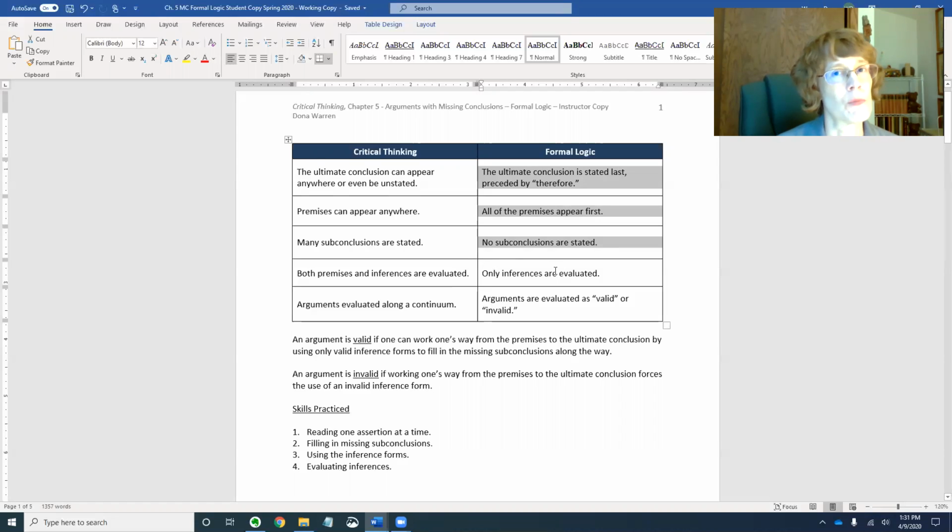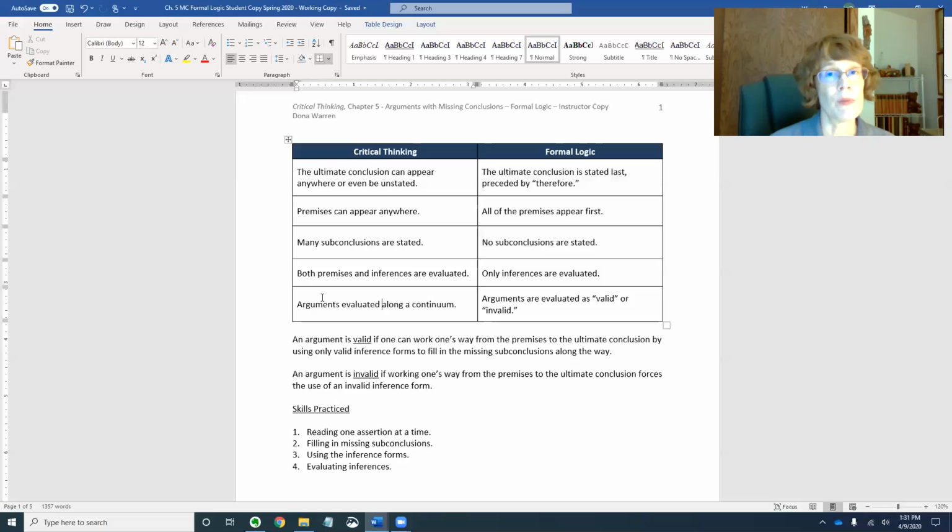Well, there are some really good reasons. First, as we've seen in critical thinking, both premises and inferences are evaluated. And when we evaluate the argument on the basis of the premises and the inferences, they kind of fall along a continuum. One premise might be better or worse than another.